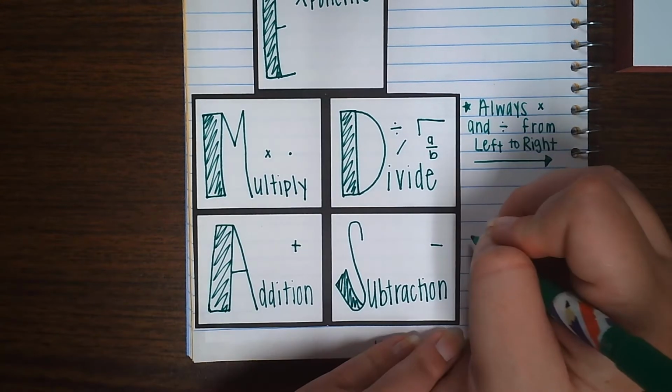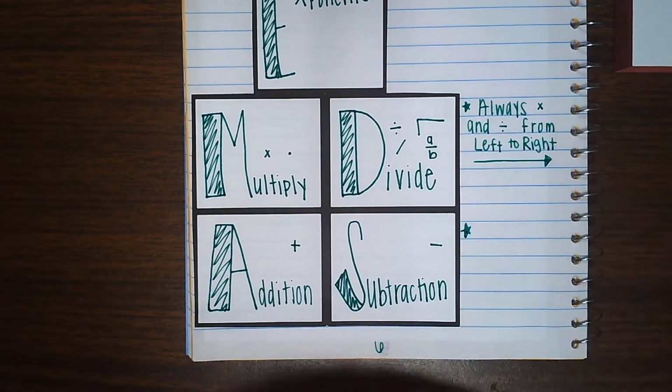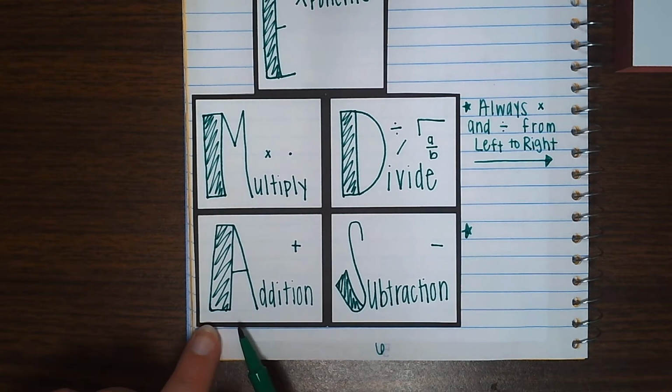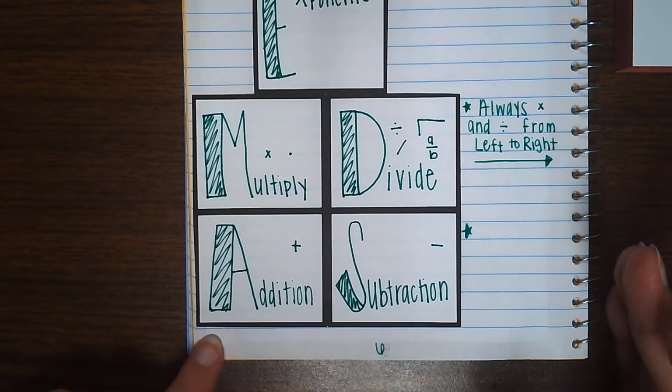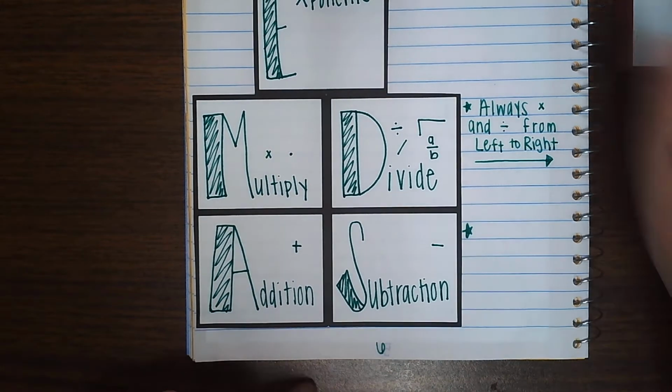And this one also deserves a star, because just like multiplication and division, although addition comes first when we say PEMDAS, it is not more important than subtraction. Okay, if we're looking at something from left to right, we can subtract before we add.